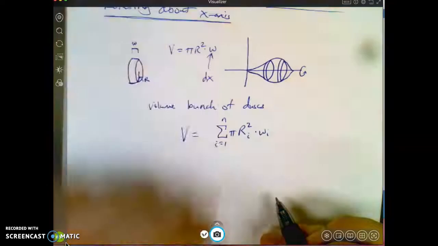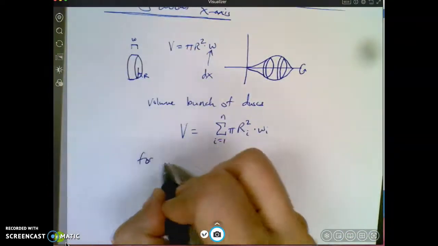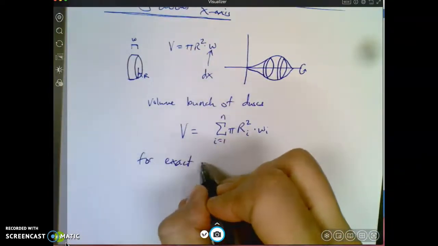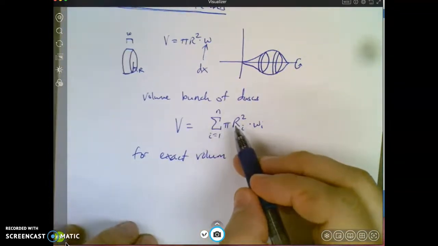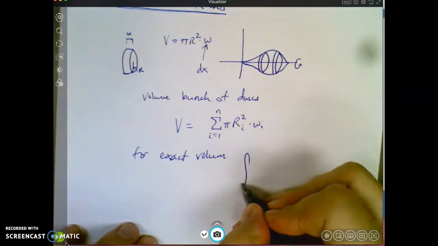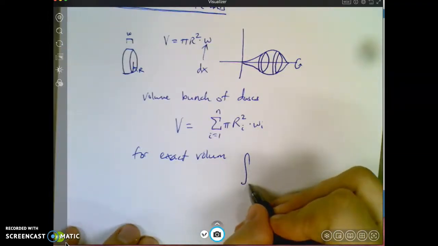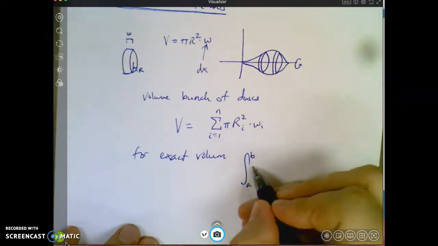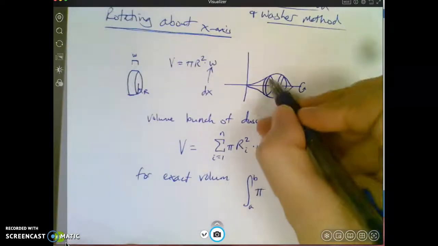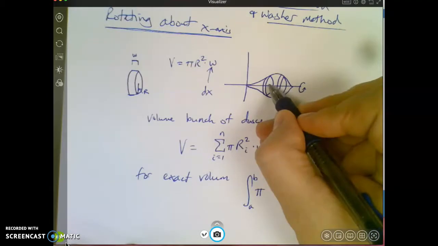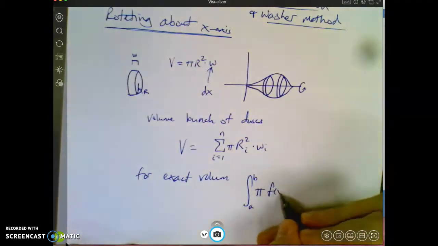Well, if you want to take that to the extreme for an exact area or volume, we don't have to have the sum of a bunch of disks. We can actually get the integral from a to b. Now I could do pi r squared, but guess what my radius is? My radius is the y value, or f of x.